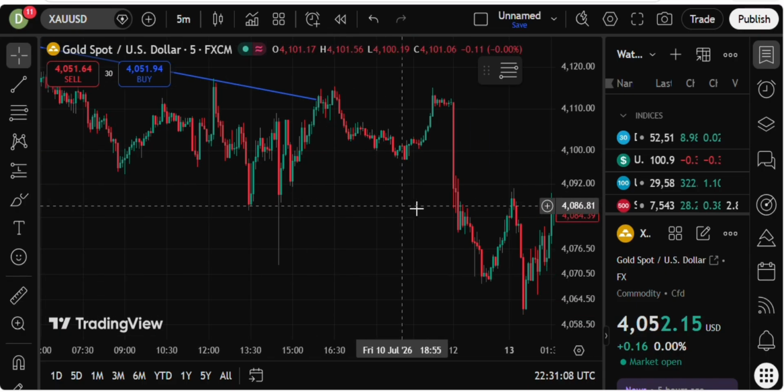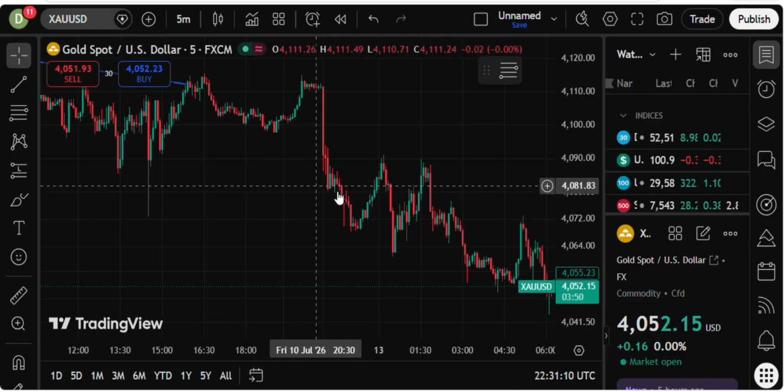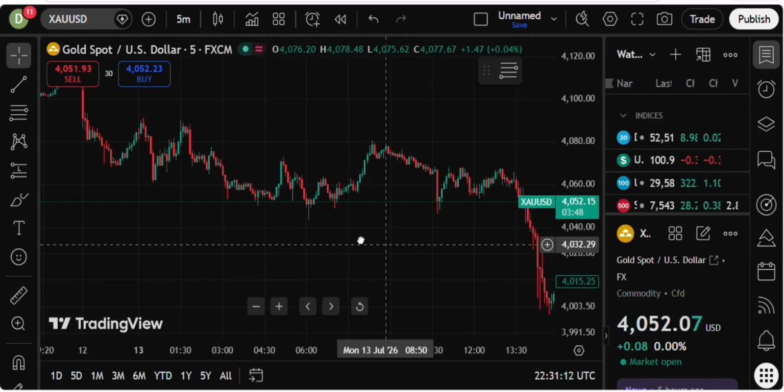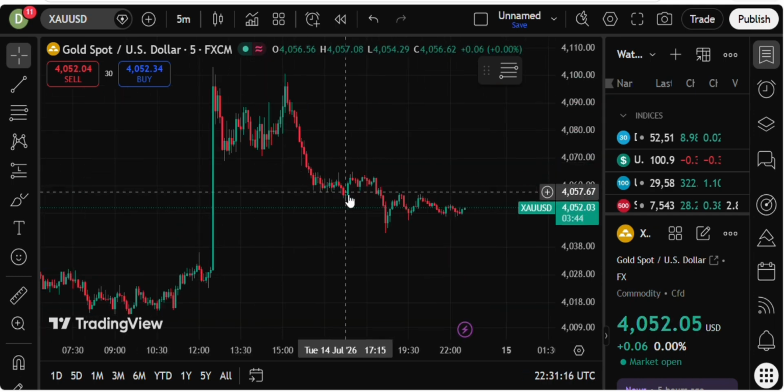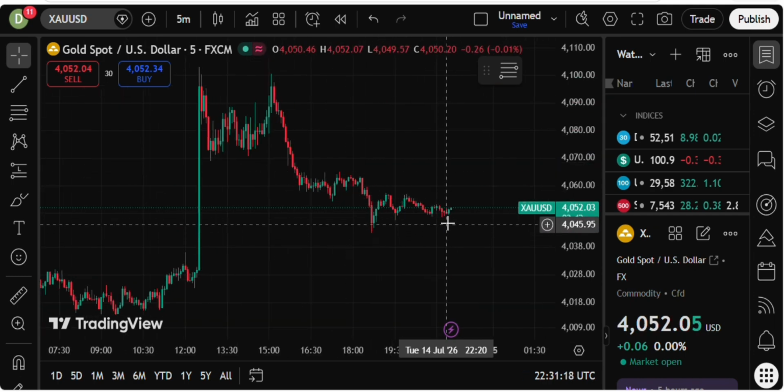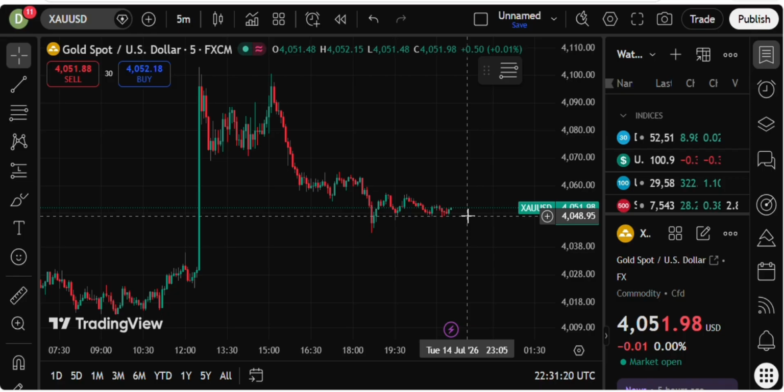Then today, after the whole movement, the market comes back to almost the exact position where it rejected. So this is what shows you that history repeats itself. So this is what technical analysis is all about.